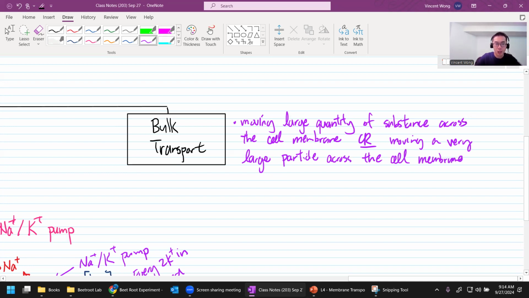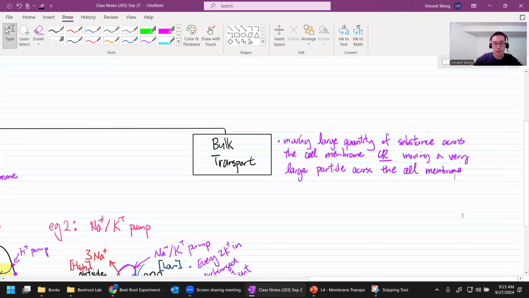Either you are moving a lot of something or you are moving something that's really big. Both are called bulk transport. If something is bulky, it's really big. People go to Costco and they buy things in bulk, which means they buy a lot of it. So both examples here would be considered bulk transport.